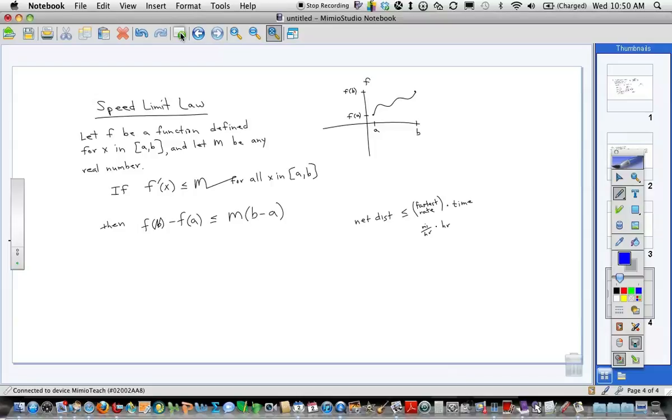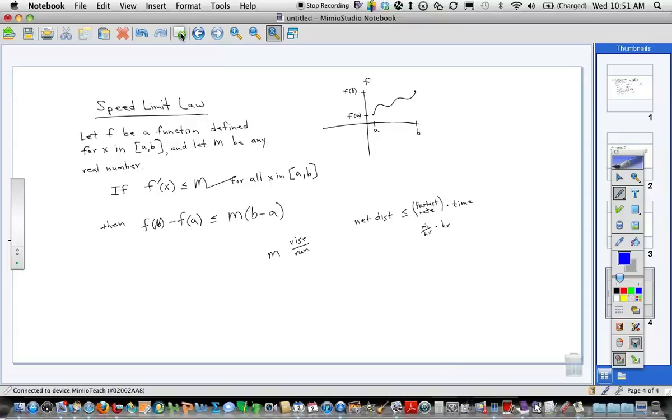Let's make sense of it with slope. Now let's pretend that M is the slope. The steepest slope, right? Because it says F prime is my slopes. This is saying my slopes are always less than or equal to some number M. Now remember, slope is rise over run, correct? Okay?